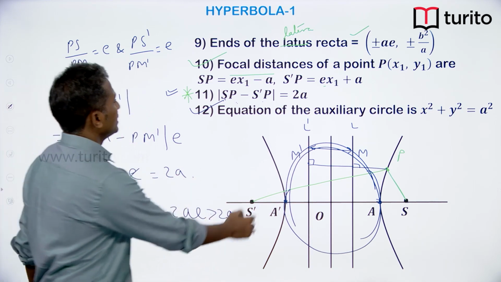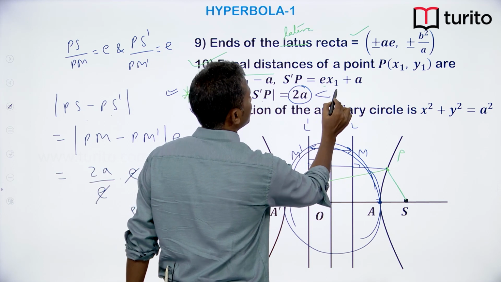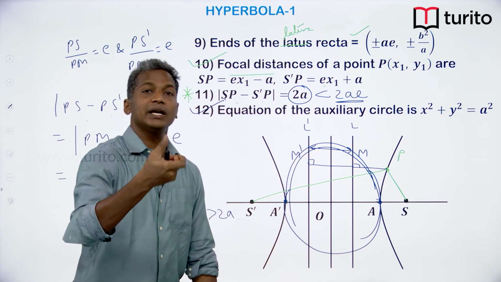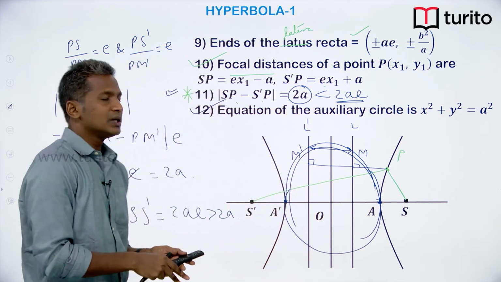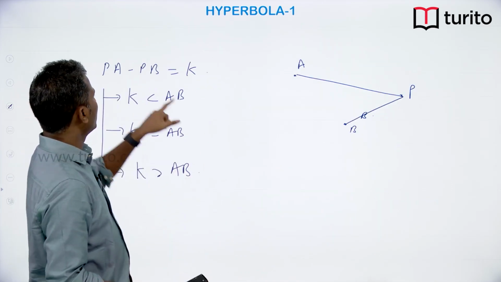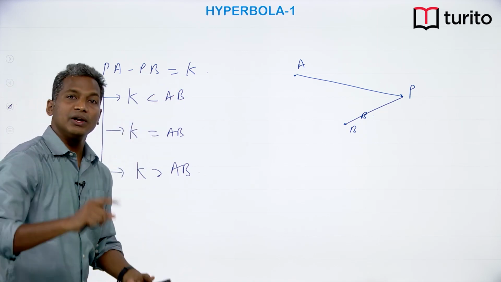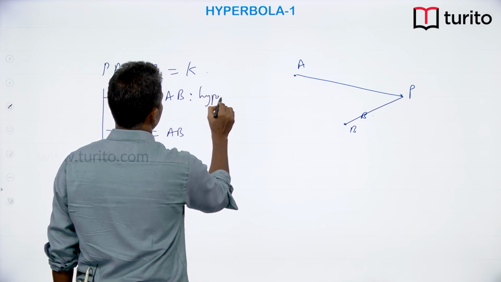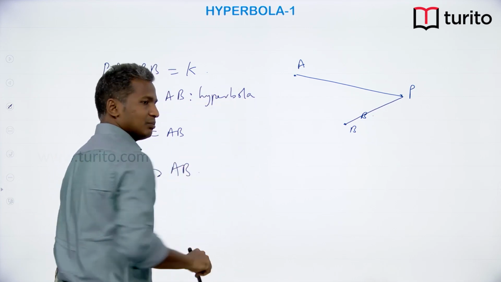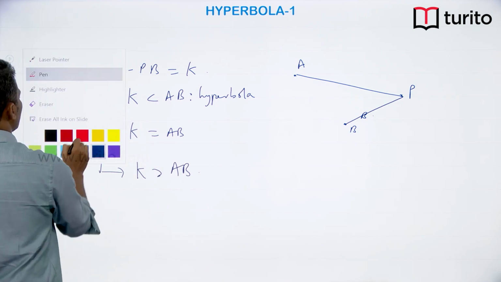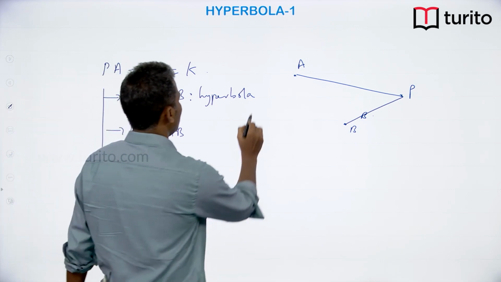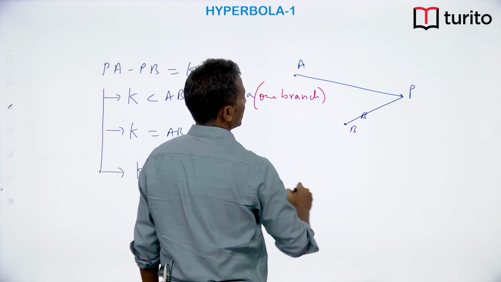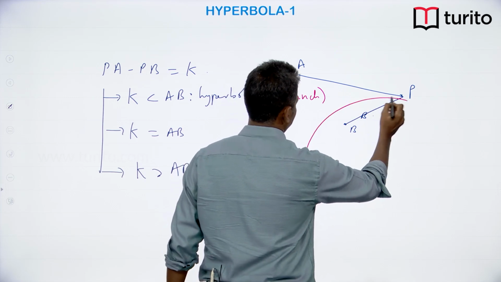So this length must always be less than 2ae, which is the distance between the fixed foci. So when K is less than AB, we will get a hyperbola. Only for this case we will get a hyperbola. But hold on, do we get the complete hyperbola? No, we will get only one branch.